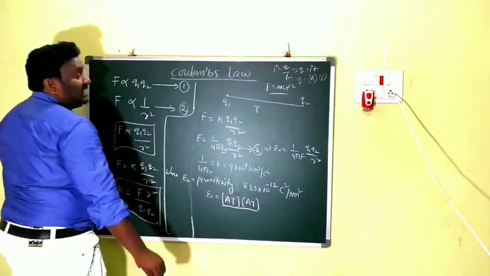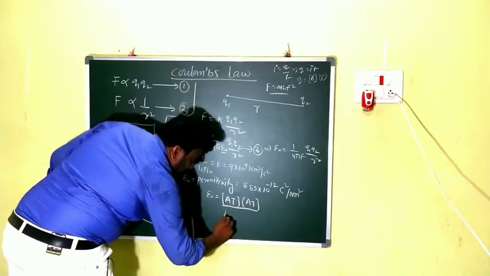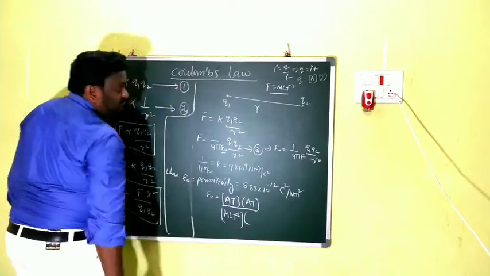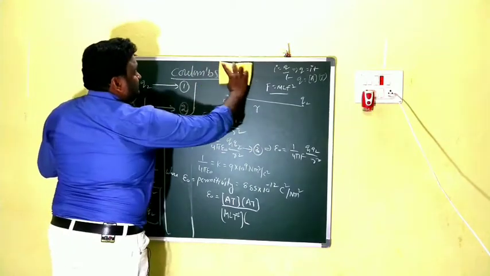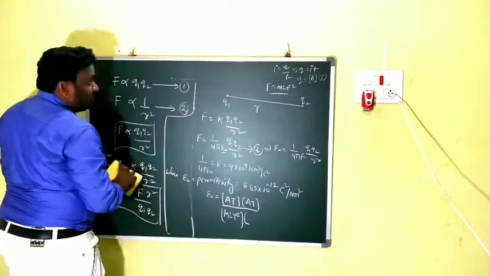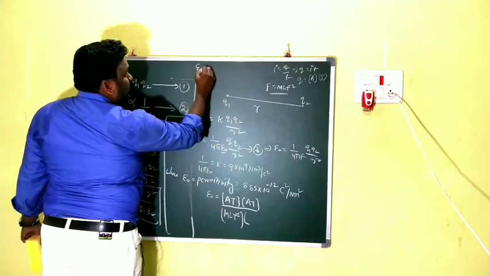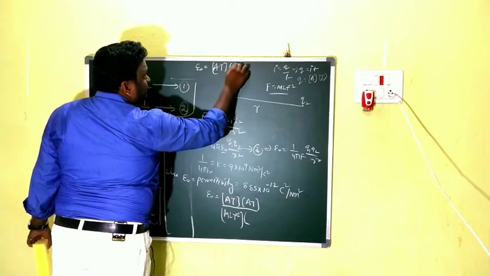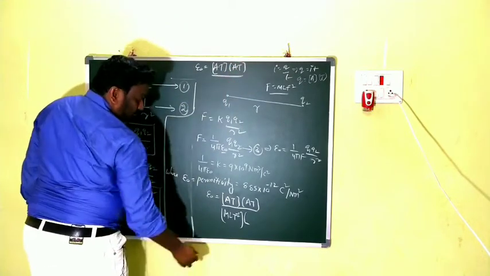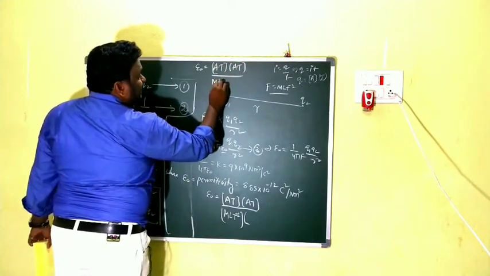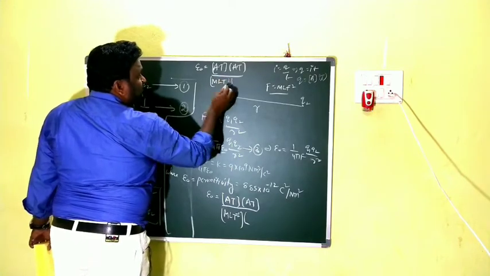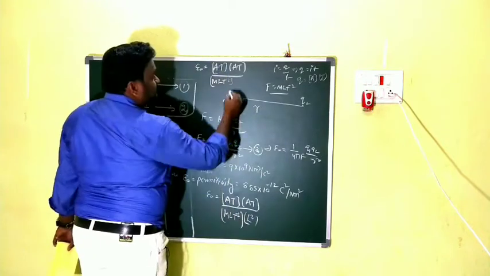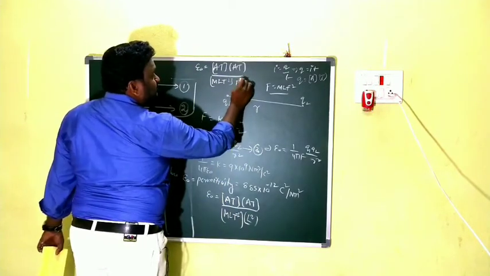So I am writing epsilon naught is equal to AT into AT by force, MLT inverse 2, into R square, which means L square.